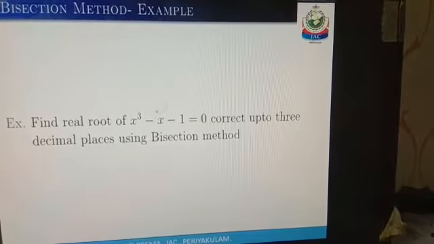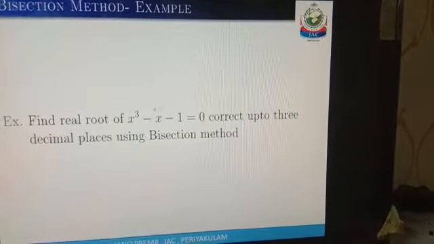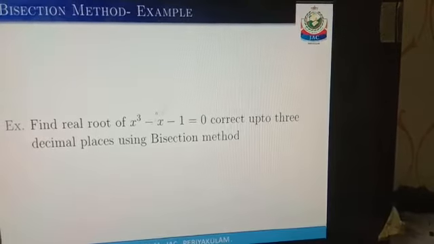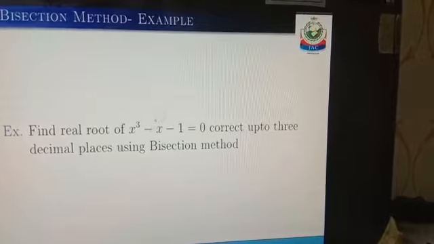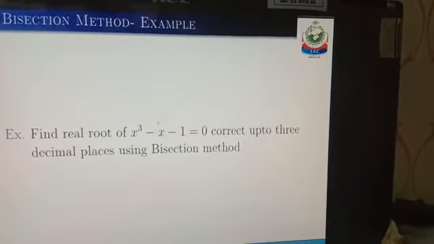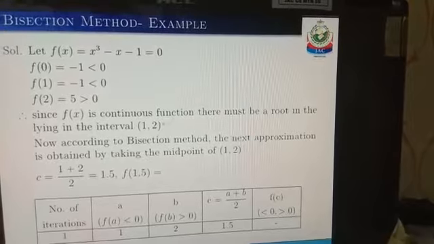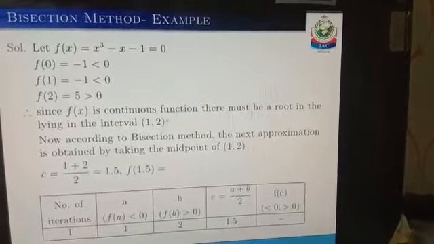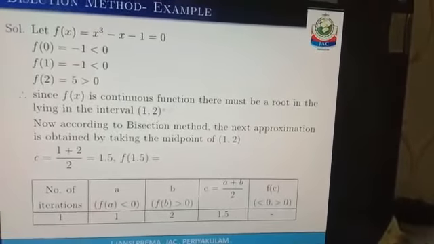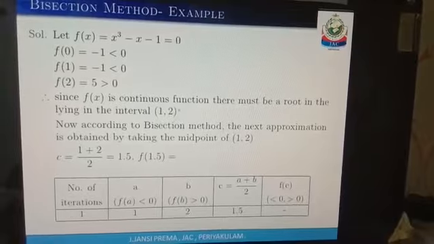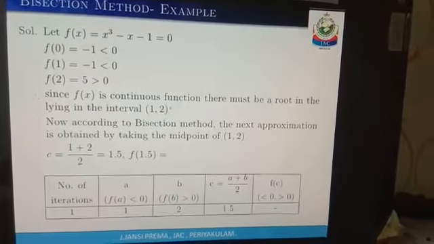Example for the bisection method. Find the real root of x cubed minus x minus 1 equal to 0, correct up to 3 decimal places using the bisection method. Now we see the solution. Let f(x) = x^3 - x - 1 = 0. Next we find f(0) and f(1), and finally f(2).